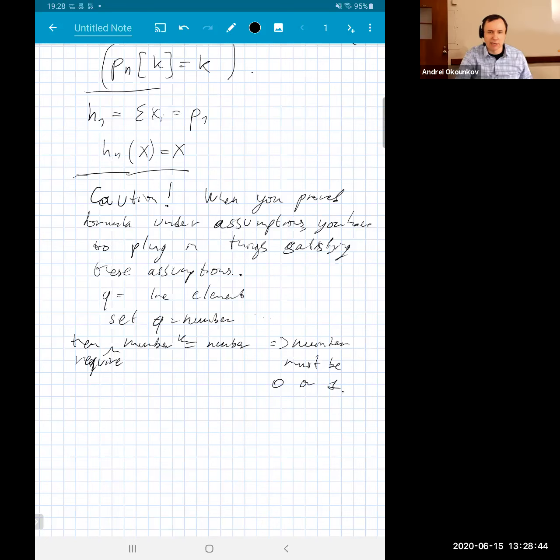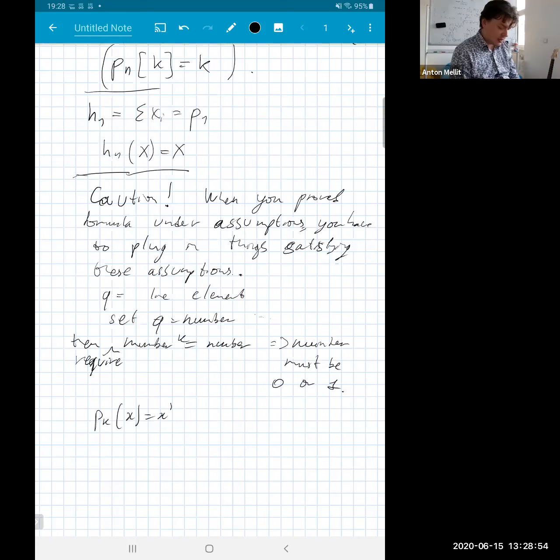Sorry, I missed that. So line element means pk of x equals x to the k. This is supposed to be linear over numbers, and so if a number satisfies it, it's 0 or 1. Okay.